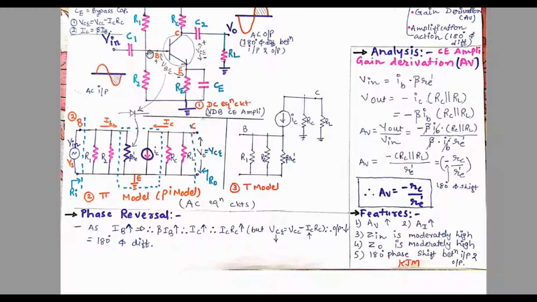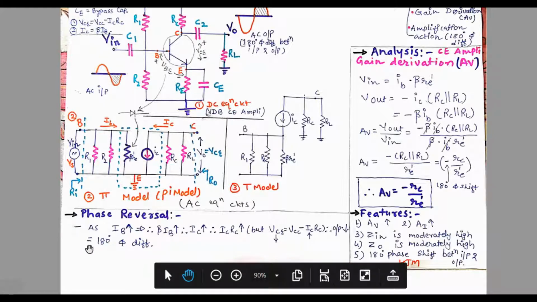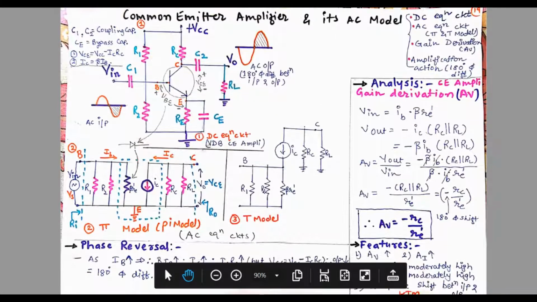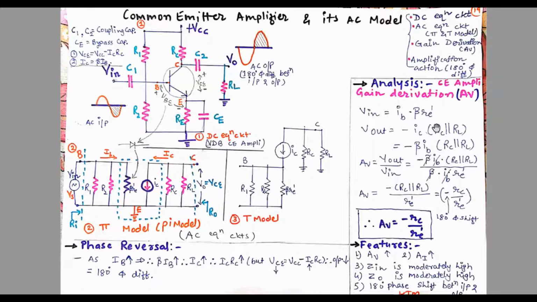Input waveform increases positively and output waveform decreases negatively, downward from the zero axis. So we can say that there is a 180-degree phase difference between input and output for common emitter amplifier circuit. This is a very important characteristic, so always remember. Now let's continue with the analysis.